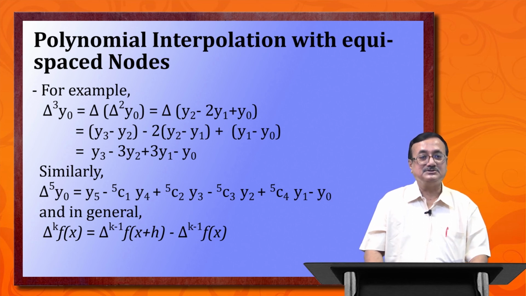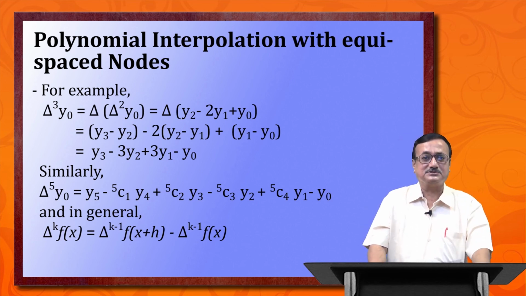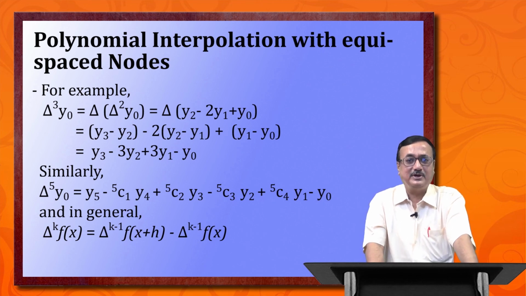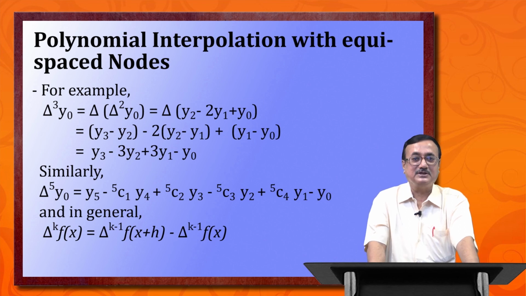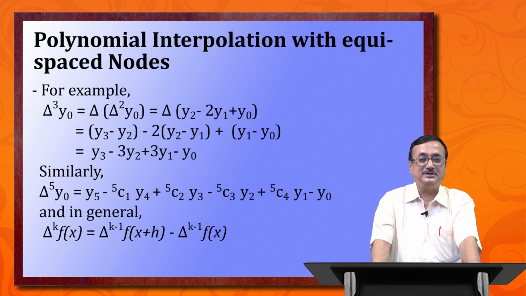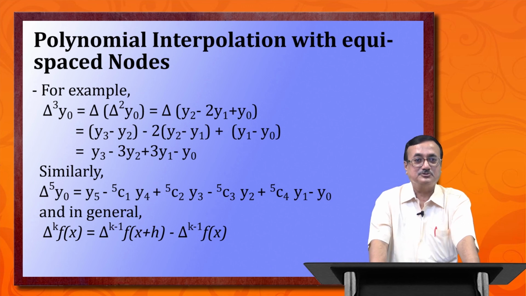Similarly, delta 5 y0 is y5 minus 5C1 y4 plus 5C2 y3 minus 5C3 y2 plus 5C4 y1 minus y0, and in general delta k on f(x) is given by this formula. This formula can be obtained from the above result by mathematical induction. So please remember this formula while using the forward difference operator delta.